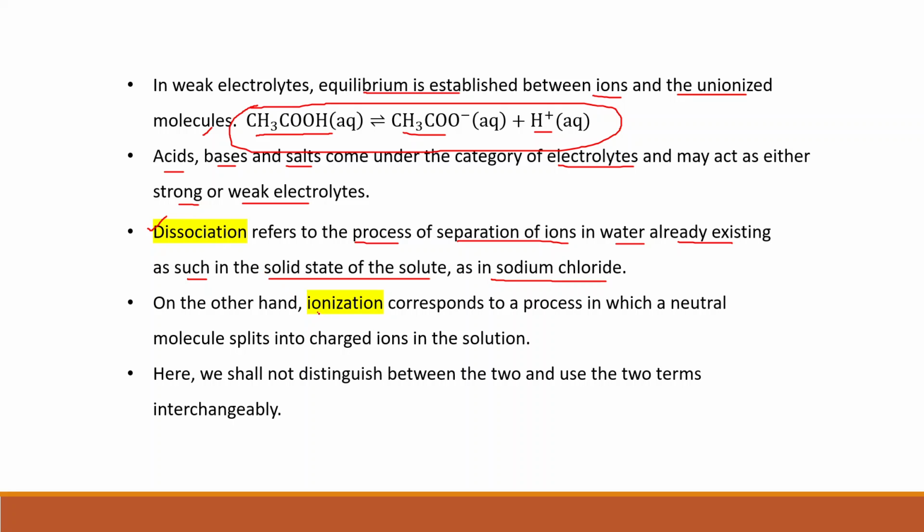On the other hand, ionization corresponds to a process in which a neutral molecule splits into charged ions in the solution. Simply, when the molecule itself does not contain any ion, but it may be a polar species, and when we dissolve it in water it splits into charged ions, this process is referred to as ionization.